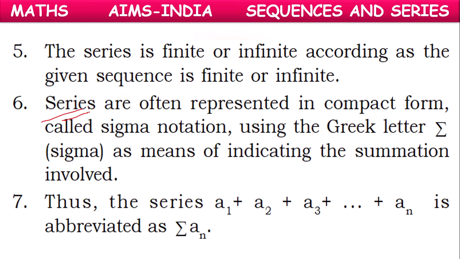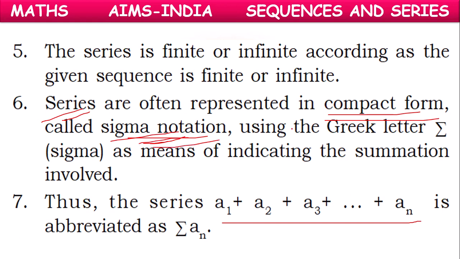Actually these series are often represented in compact form. Instead of this expanded form, they are often represented in compact form, which is also called sigma notation, using the Greek letter sigma. This symbol is read as sigma. This compact form is represented with the help of sigma, which indicates the summation involved.